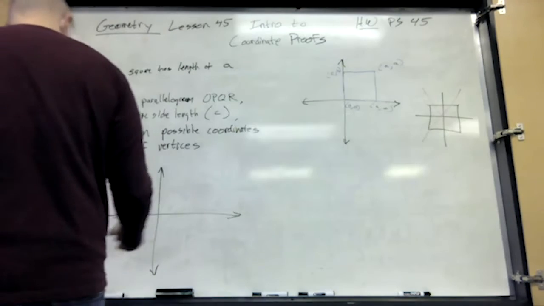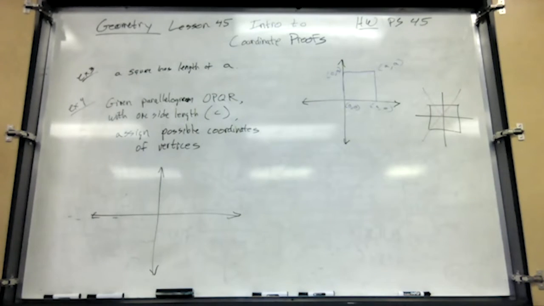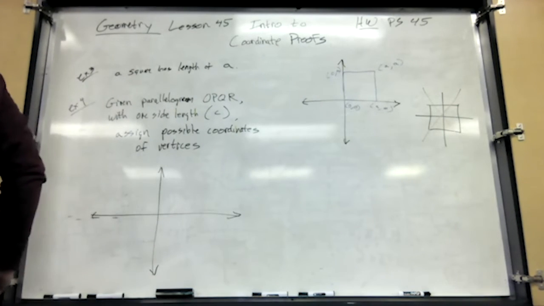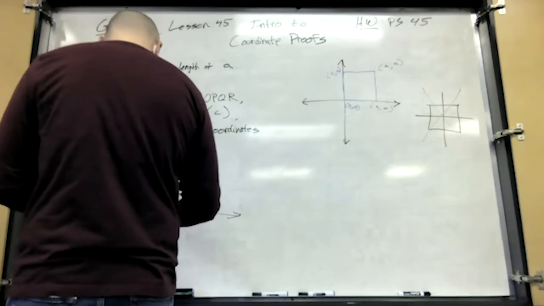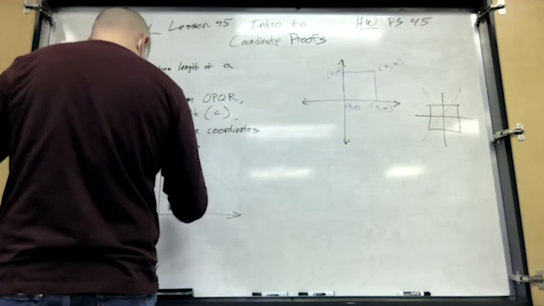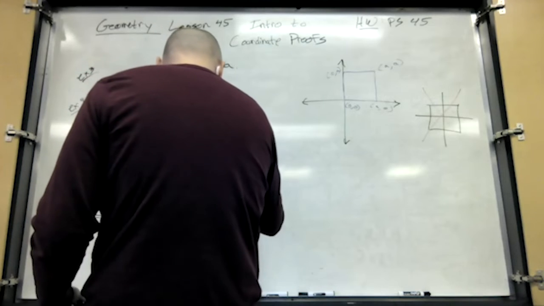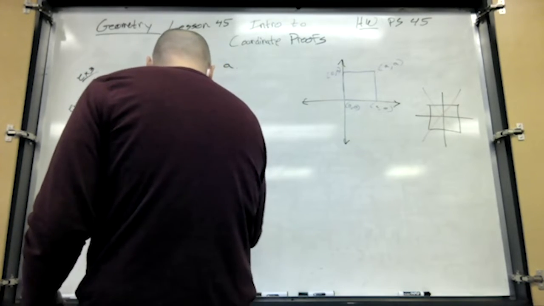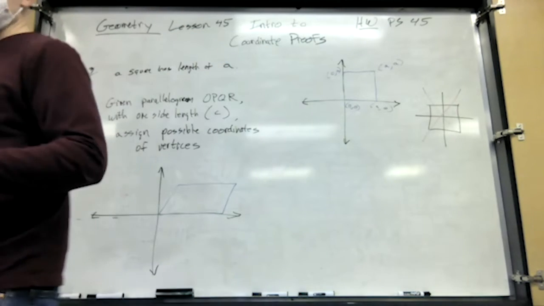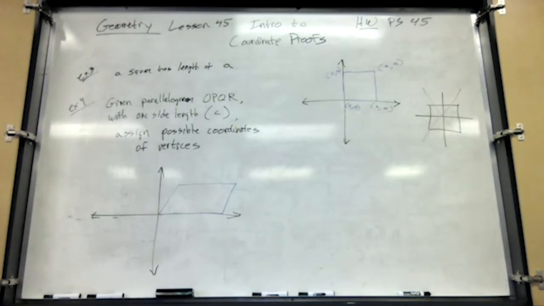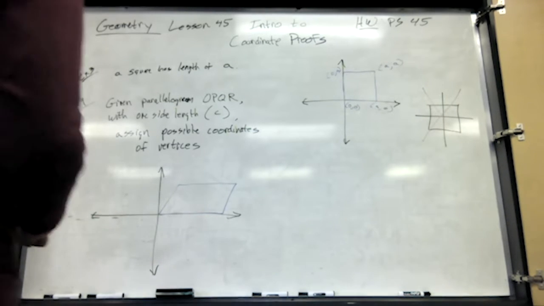The only thing we know is that it kind of looks like this. So if I drew a generic parallelogram, it would kind of maybe look like this. Boom, boom, boom. So if you see what I did, I put one vertex in the origin, which is always good practice.